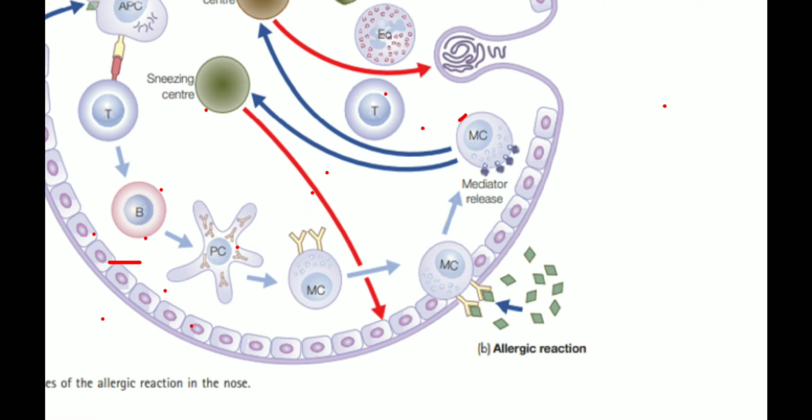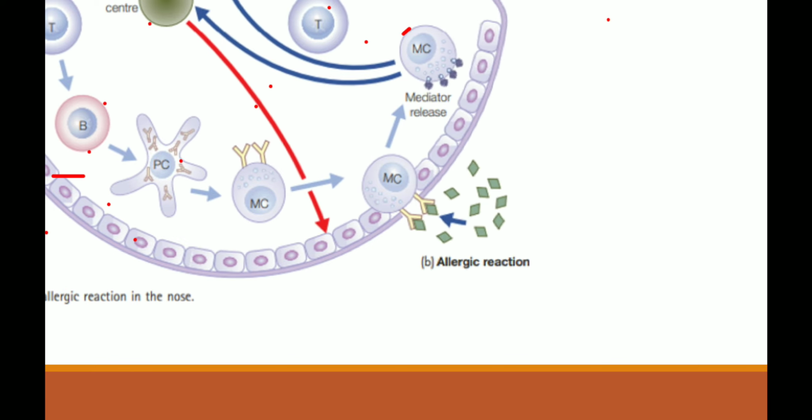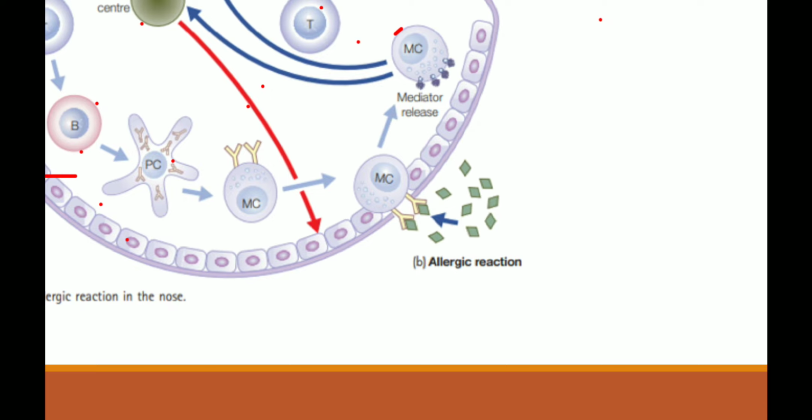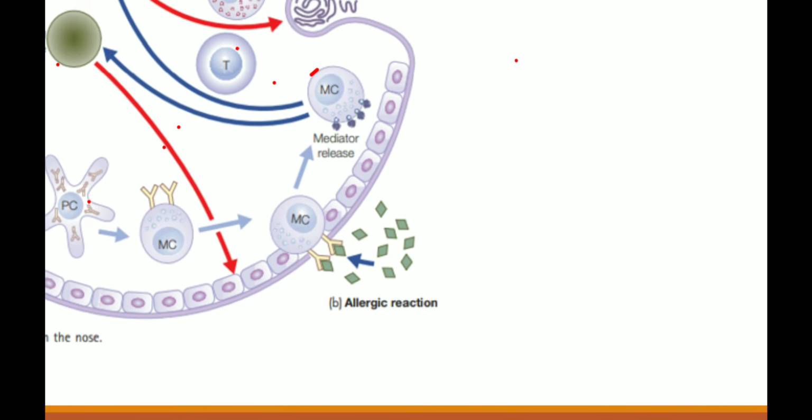Now, what happens is that when there is further or subsequent exposure to the allergen, this allergen will get attached to the Fab end of this IgE antibody.